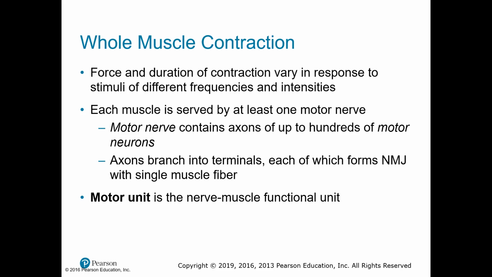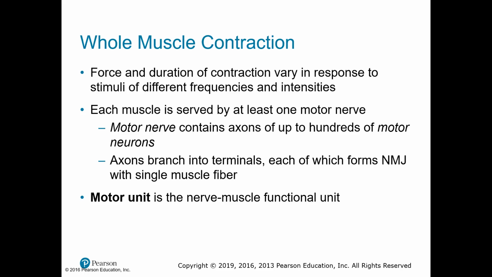Each muscle cell has one neuromuscular junction. Only one. It's only one place for the axon terminal of a motor neuron to connect to the muscle cell. So every muscle cell is individually controlled by an axon terminal.